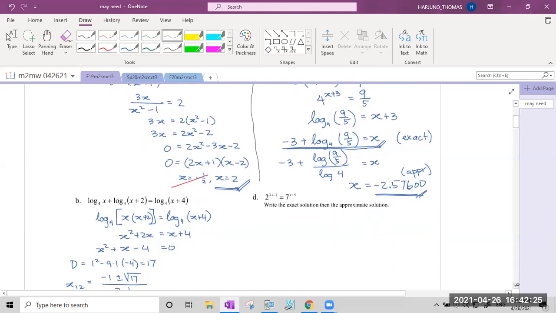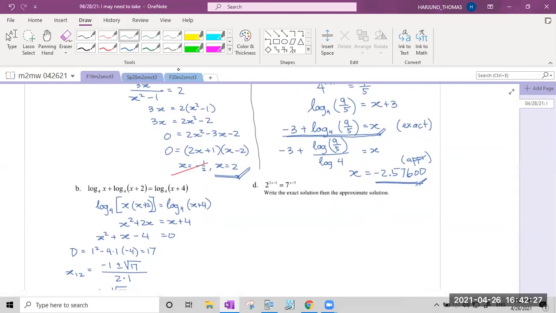Now we have a more complicated one. 2 to the 3x minus 1 equals 7 to the x plus 5. Now, if you take a look at my notes, we actually have 4 different bases to work on, and you can choose which base to work on.